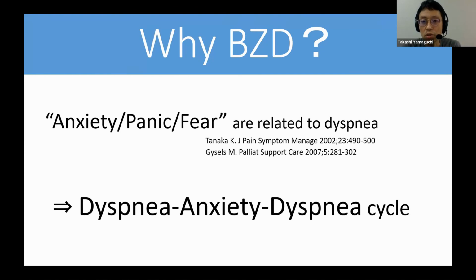Dyspnea may cause or worsen anxiety, and the anxiety worsens the dyspnea. This is the so-called dyspnea-anxiety-dyspnea cycle, a very vicious cycle. So we expect that benzodiazepine may stop this cycle. Benzodiazepine use for dyspnea management is based on this hypothesis.